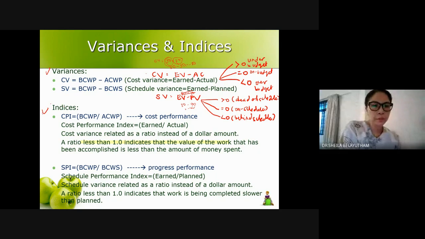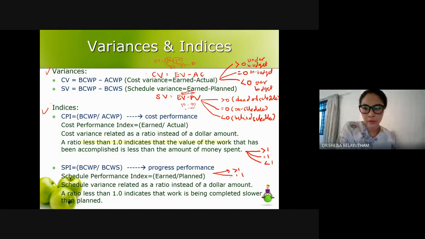Cuma the difference for index is we are talking about one: more than one, equals one, less than one. Same goes for schedule performance: more than one, equals one, and less than one.